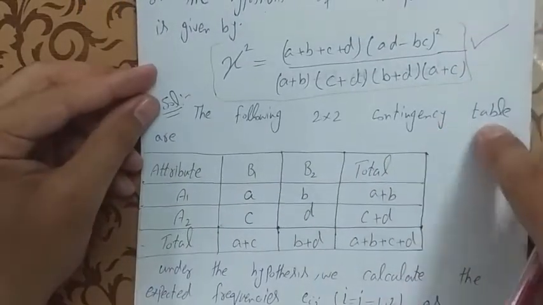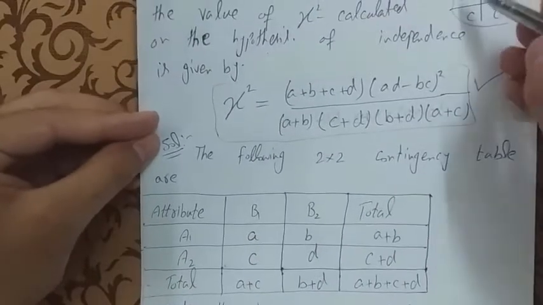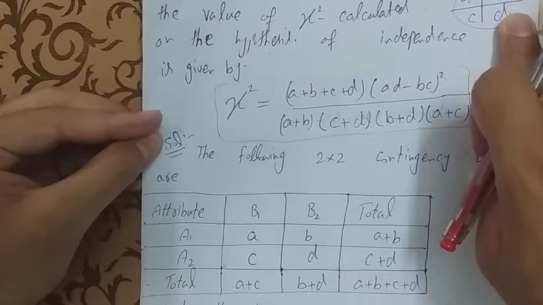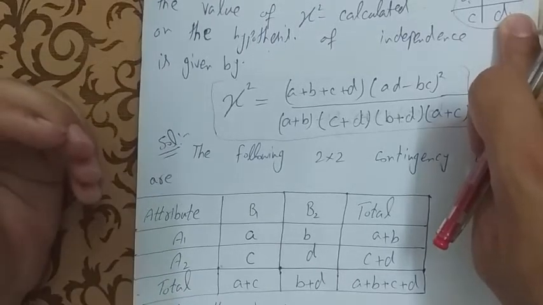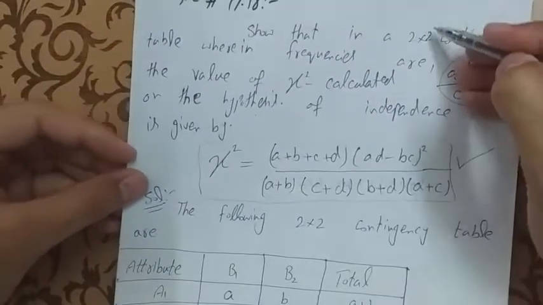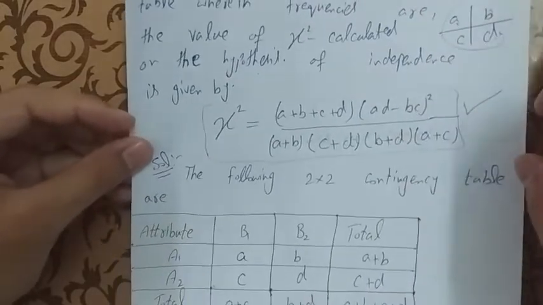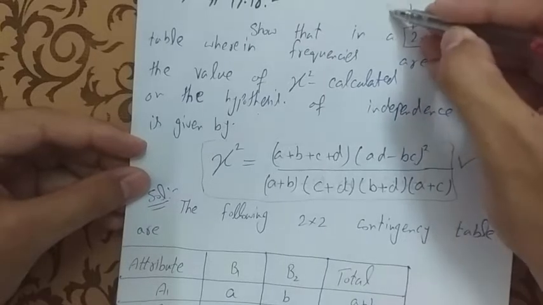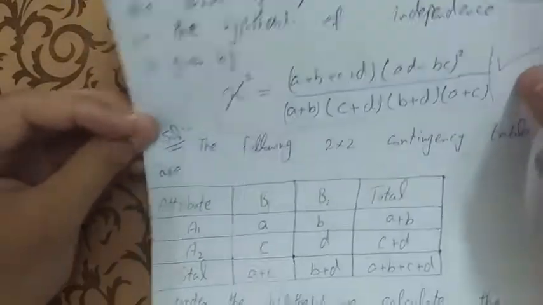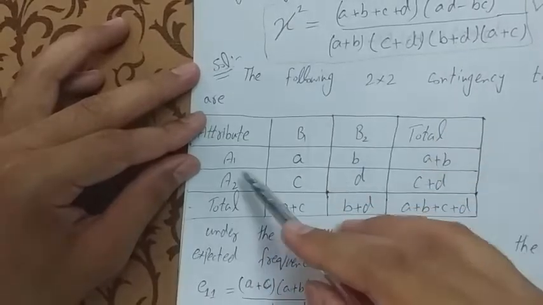The following 2 by 2 contingency table: how will we make this table? A, B, C, D are given, which are the values of the attributes or characteristics. 2 by 2 contingency table means there are two rows and 2 columns, and these A1, A2 show the rows and B1, B2 show the columns.